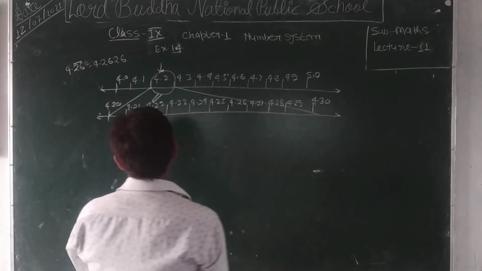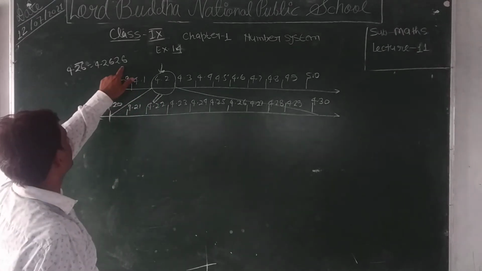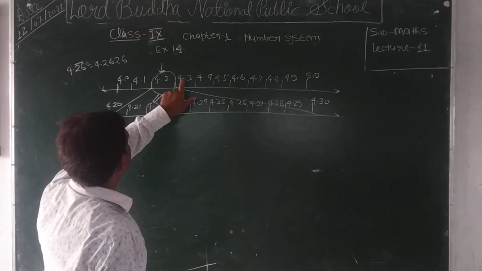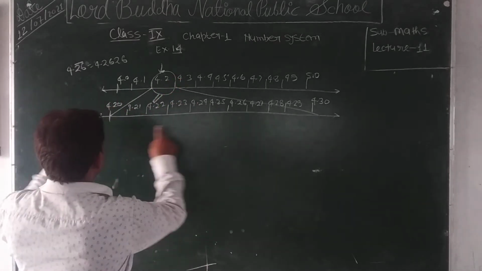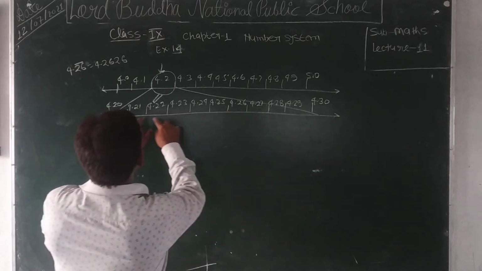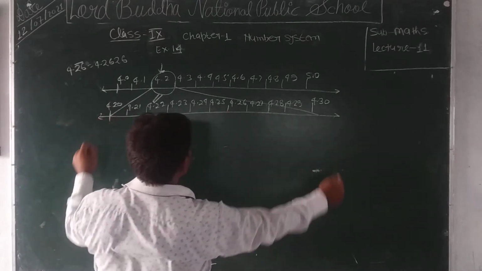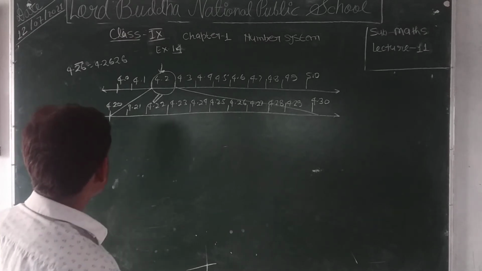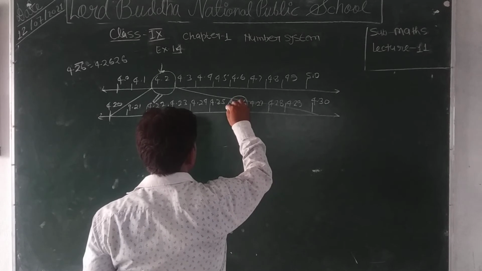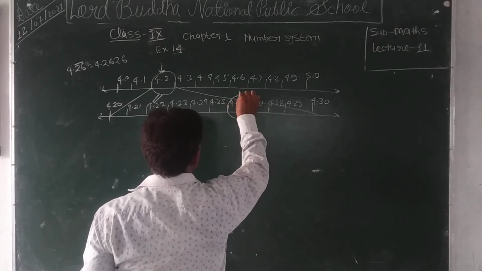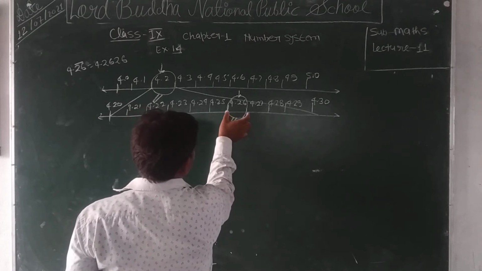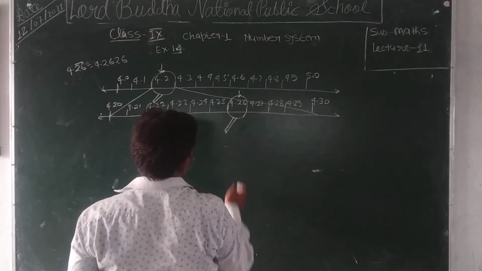As we see from our number, we divide this length into 10 equal parts. Now, we visualize 4.26, which is here. Again, we magnify this length and divide it into 10 equal parts.